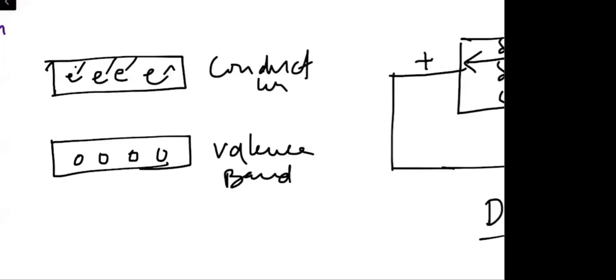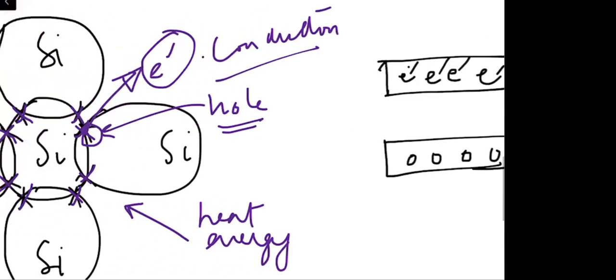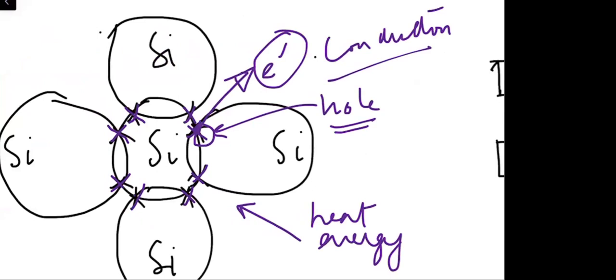Whenever the potential is applied to the silicon, we have this silicon lattice, so whenever the potential is applied across it, the electrons in the valence band are also affected due to the application of the DC source.